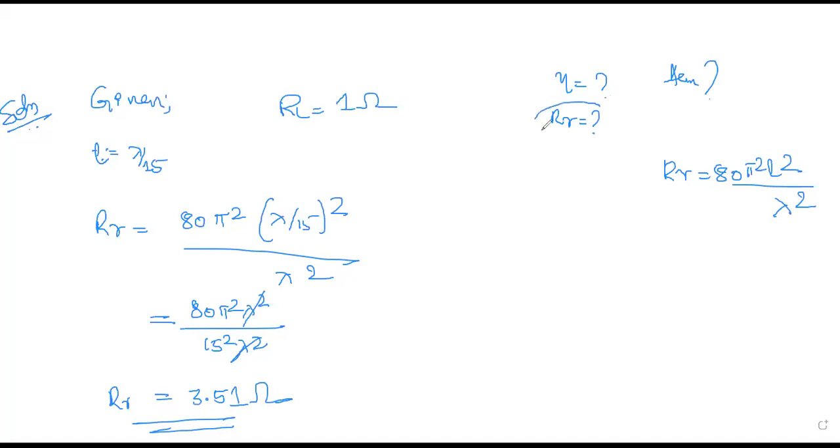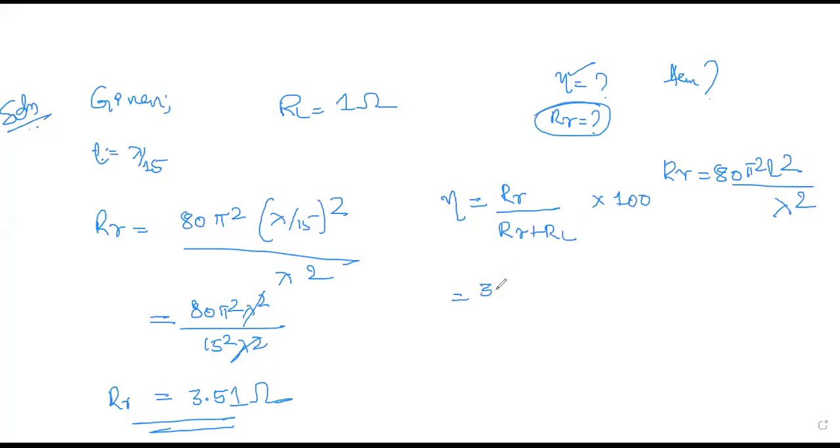So radiation resistance you have calculated. Next, you have to calculate efficiency. Now for efficiency, we know the formula, RL is given. You have written for radiation resistance, the formula is Rr divided by Rr plus RL, multiplied by 100.